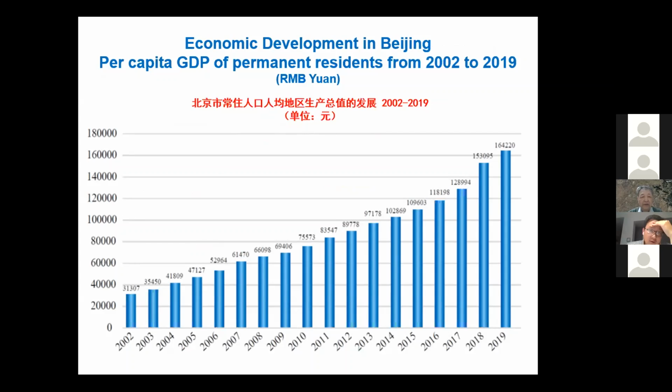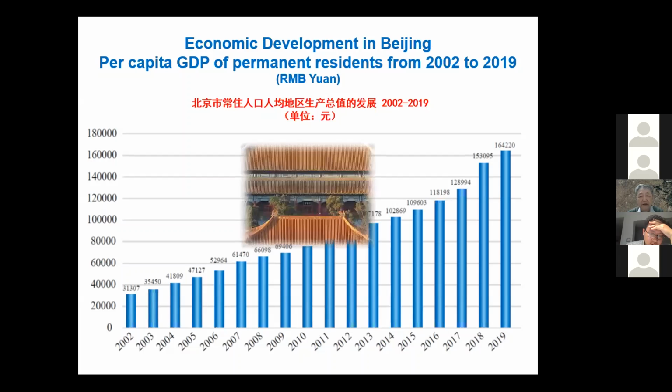This is the per capita GDP calculated by the permanent residents, about 20 more million people in the last 10 or 20 years. Today, the average per capita GDP has increased from 30,000 Chinese yuan RMB in 2002 to 164,000 Chinese yuan last year, which is equal to about 22,000 US dollars per capita.